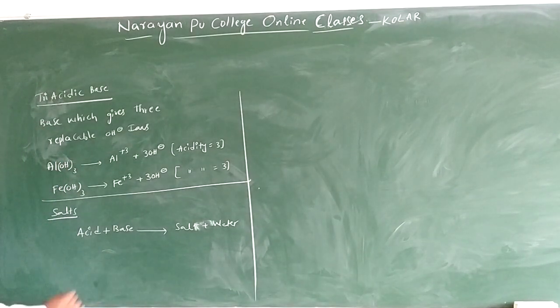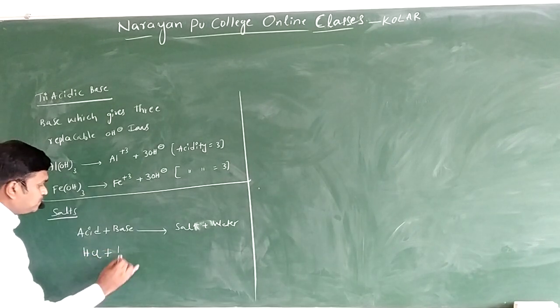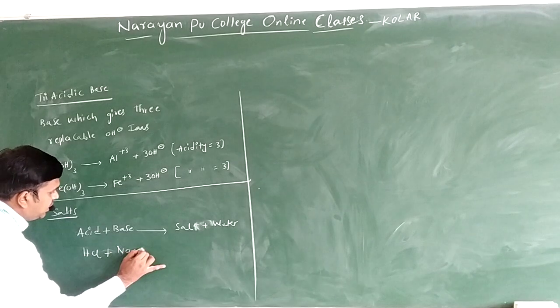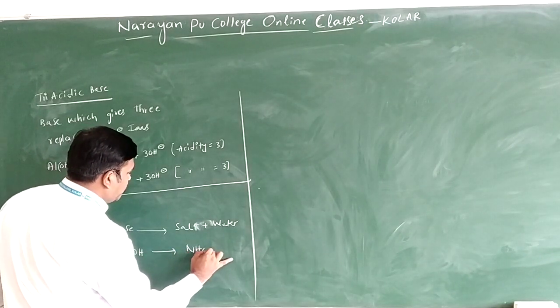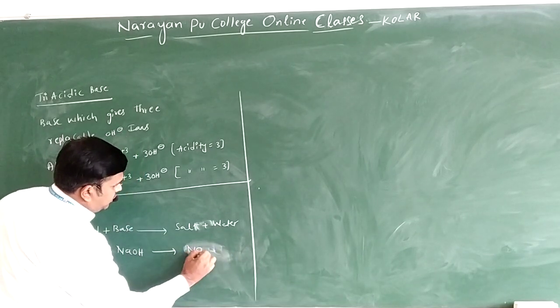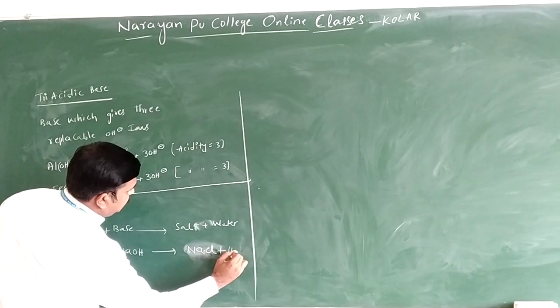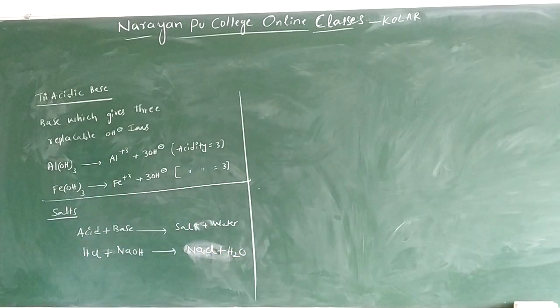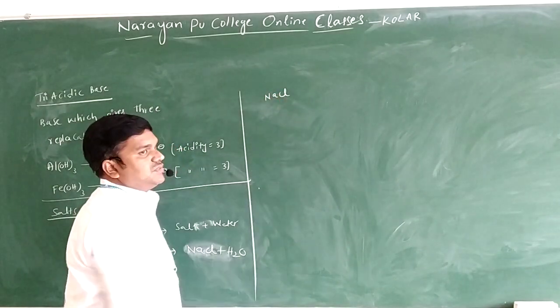Let us see one example. I am taking HCl reacting with NaOH. It gives rise to NaCl plus H2O. What is the compound we got here? NaCl.